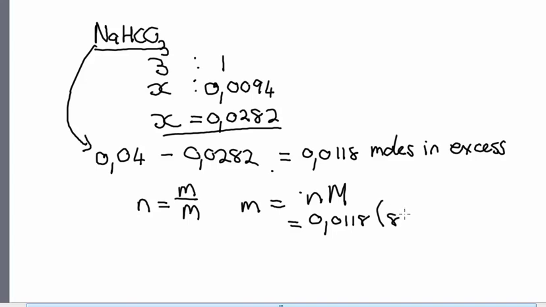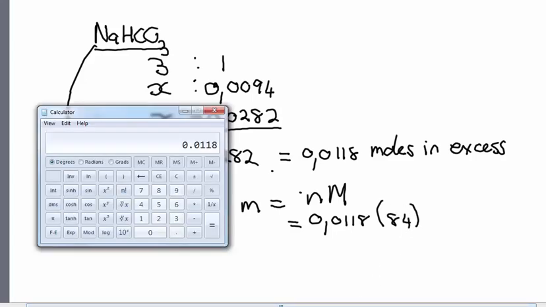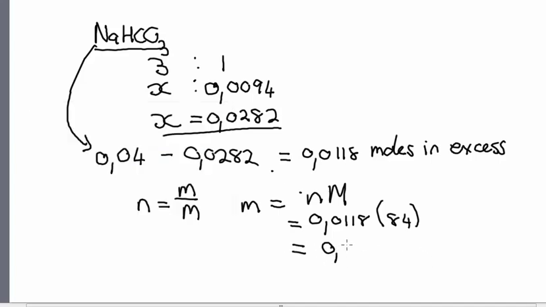Molar mass we said is 84. And this gives us 0,9912 grams of NaHCO3 that did not react. Right, so this combines moles, limiting reactant, and determining what is in excess all in one question.